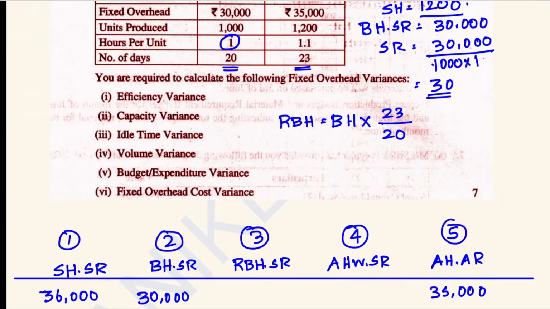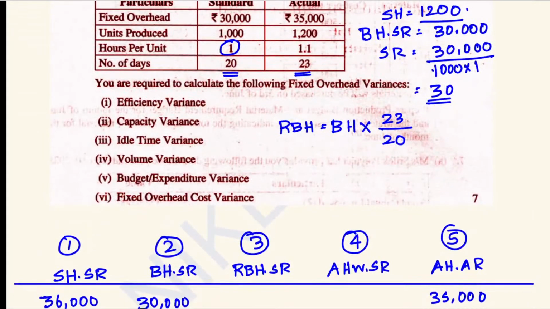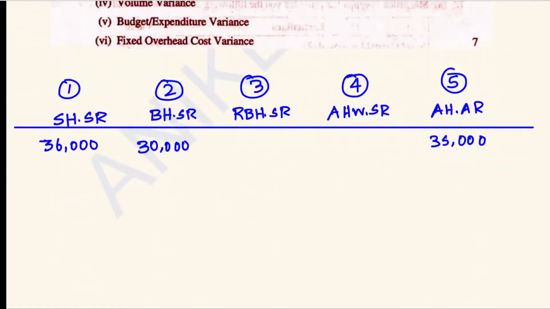So budgeted hour was 1000, into 23 divided by 20, 1150. RBH into SR, I can do 1150 into 30, 34,500. So this is 34,500.